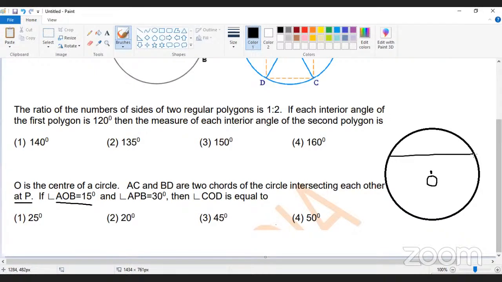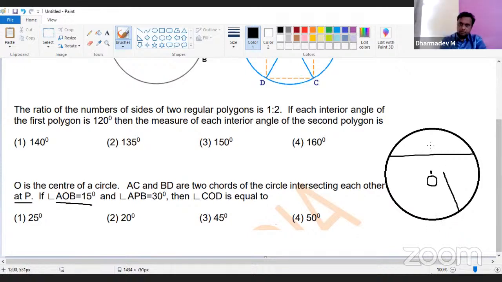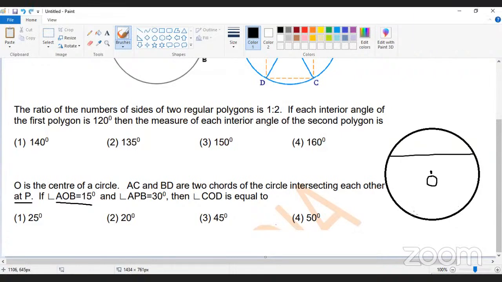Yes, the second one. Horizontal line. That's the first chord. And then a vertical one on the right side of O, not through the radius or the center. No, sir, like this.